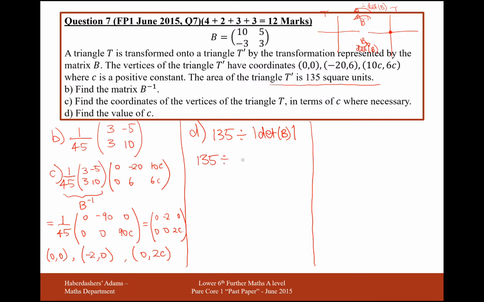So 135 divided by 45, which will give us 3. So the area of the triangle here is going to be 3.